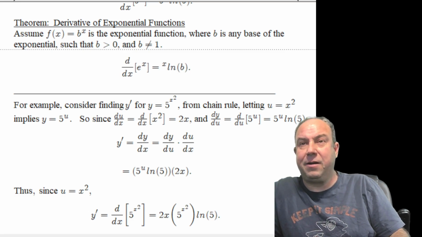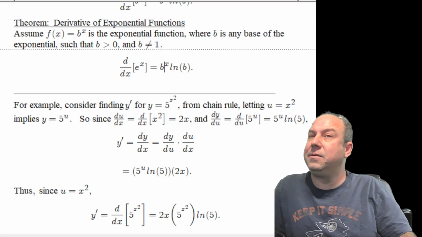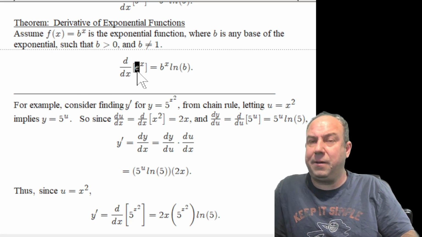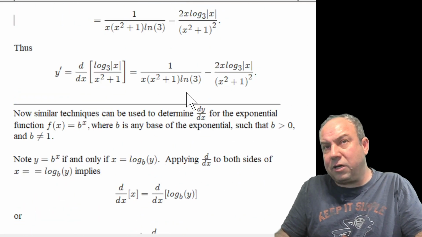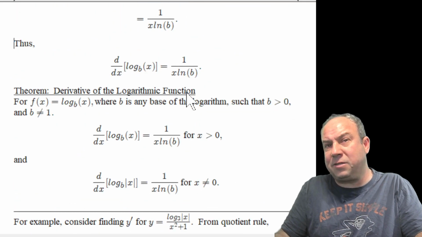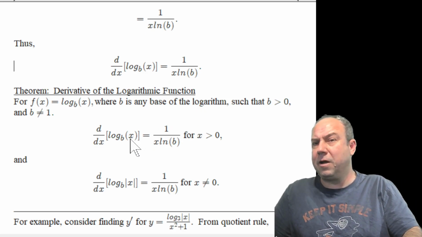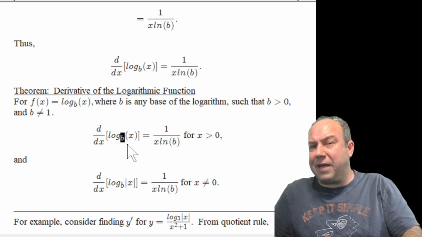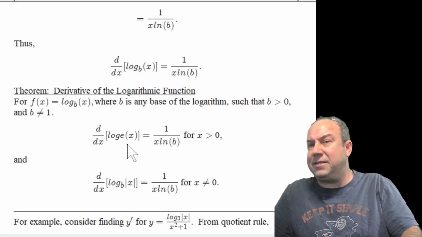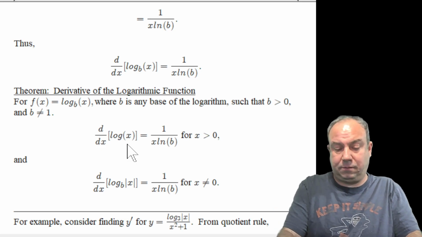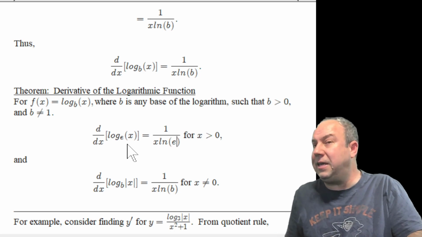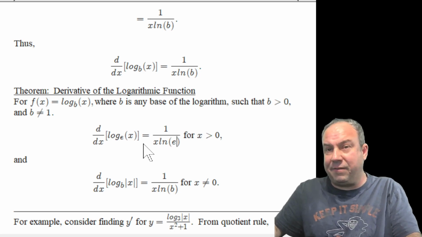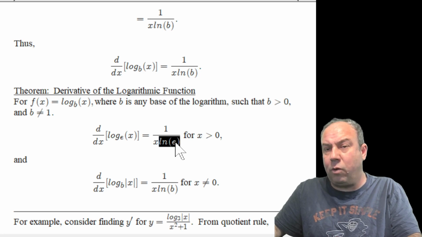Let me back out of there. That's going to be b to the x, and this is going to have to be back to a b. A similar result can also be shown for the logarithmic function of base b up here. In the case of the natural logarithmic function, that is base e. Where this ends up becoming the ln of e, where again, what we know about the ln of e is that it's equivalent to the value of 1.